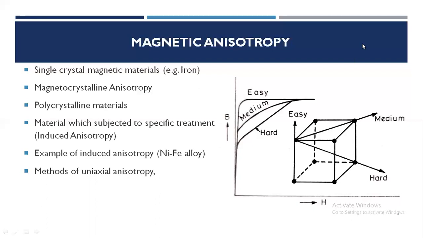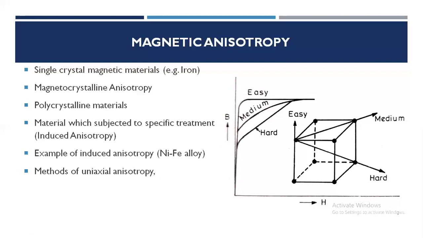Suppose you consider the easy direction, and each crystal has its easy direction; that means all the crystal edges have easy directions in the same direction, along one axis. That is called uniaxial anisotropy.